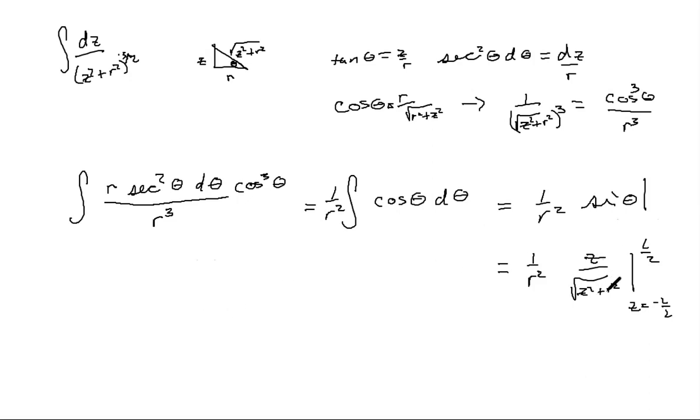You'll notice though that the upper and lower limits just double up and they work together. So this integral gives me a 1 over r squared times this, in the form I want ultimately.